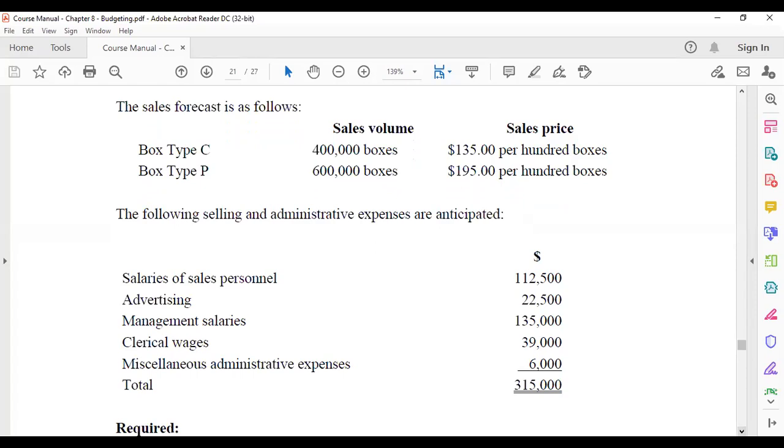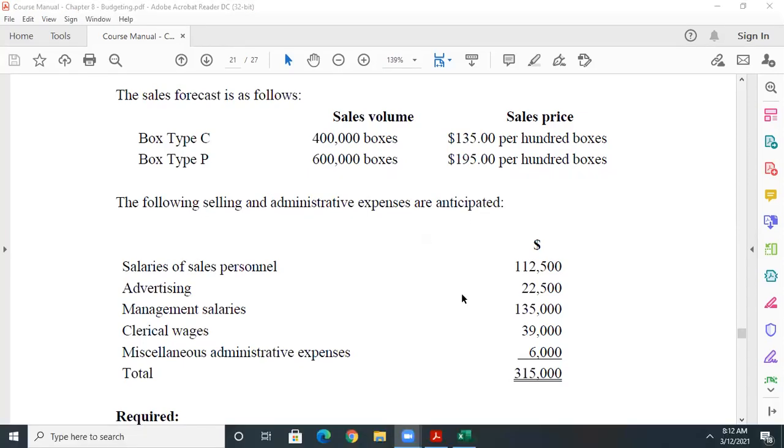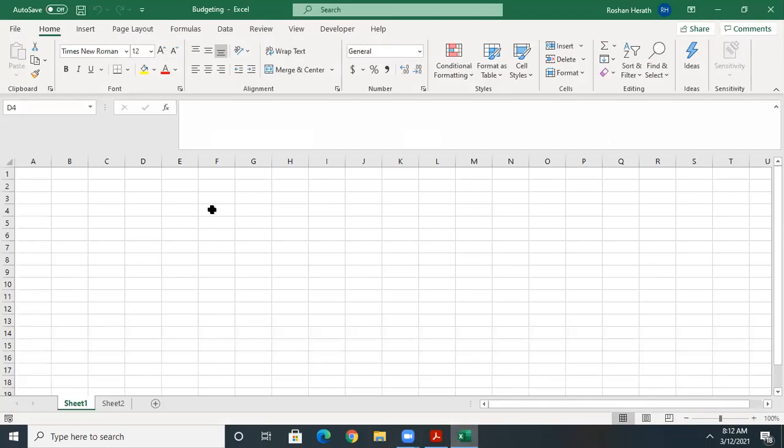Okay, I feel that even without taking much time, we may have a look at that. So let us see. I think you can see the Excel sheet that I'm sharing. Let us start with the sales budget.